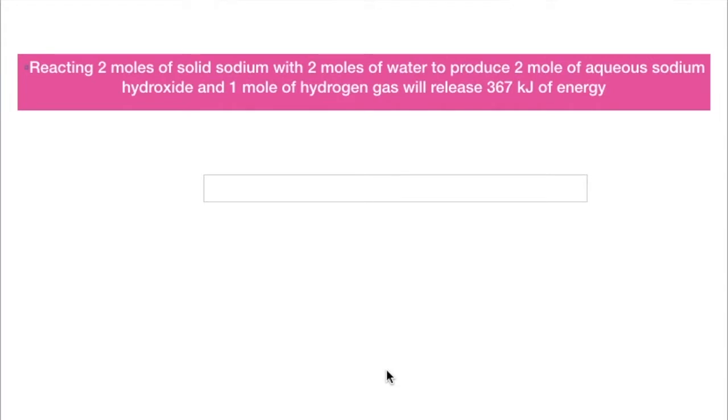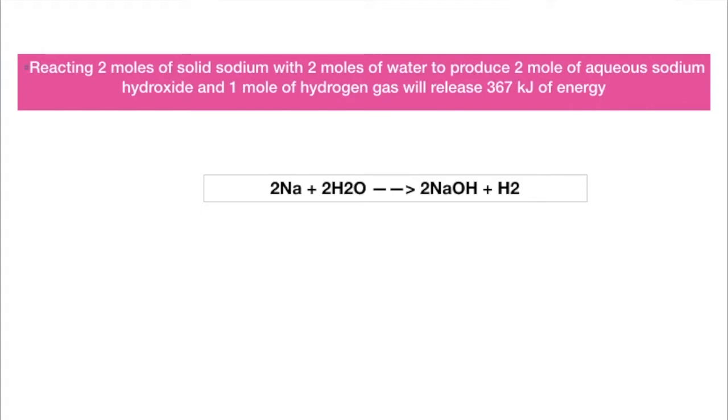So it would be 2 moles, so the number 2 of sodium, Na, plus 2 moles of water, so it's 2 H2O, yields, or produce, so you're going to put the arrow, 2 moles of aqueous sodium hydroxide, so 2 NaOH, plus 1 mole of hydrogen, so H2, and it says it will release 367 kilojoules.